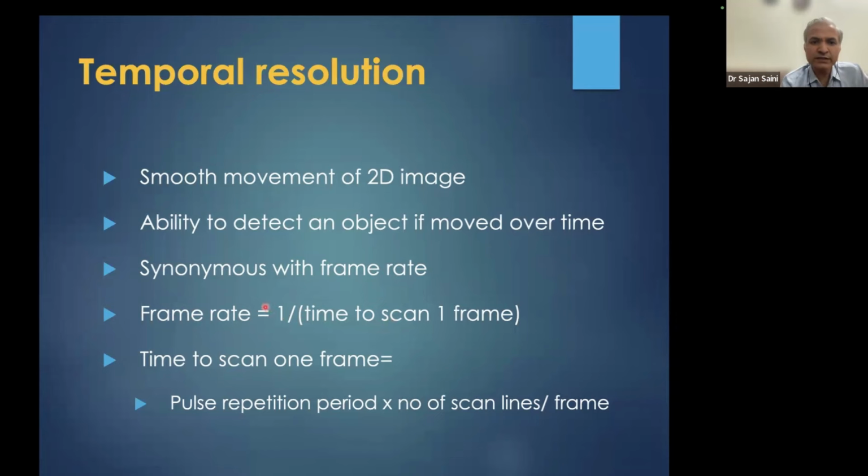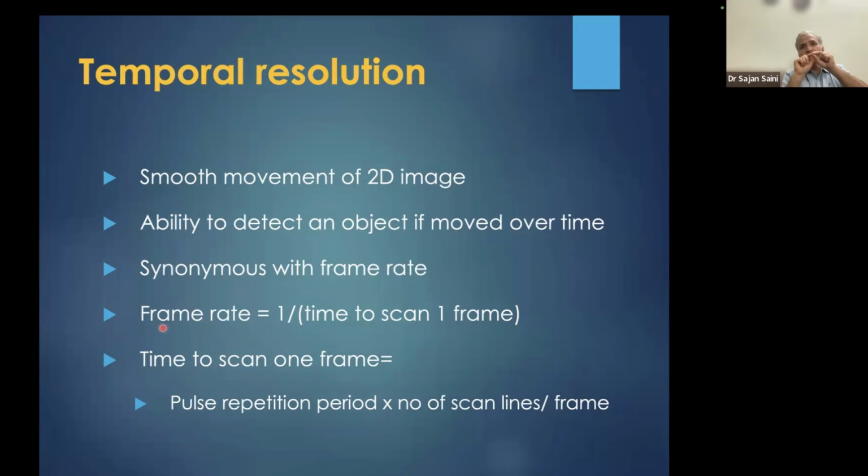And if you divide 1 by the time to scan one frame, that is the frame rate. So the higher the frame rate, the more images are captured and stored inside the machine in unit time.